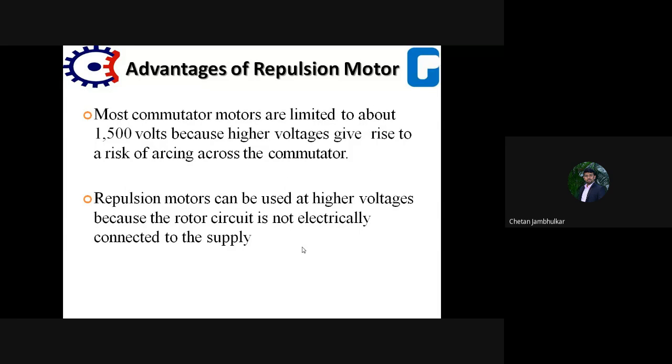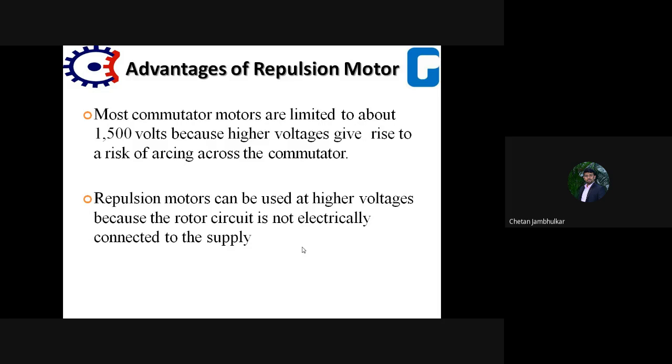So what are the advantages of the repulsion motor? Most commutator motors are limited to about 1500 volts, because higher voltage gives rise to the risk of arcing across the commutator. So these are the advantages of the repulsion motor.